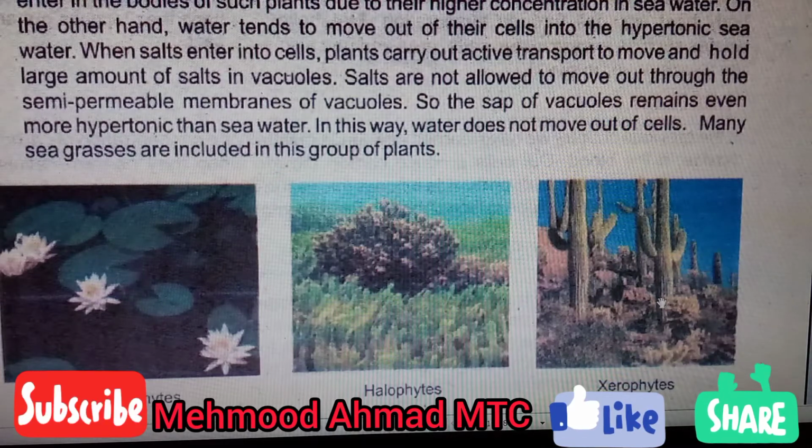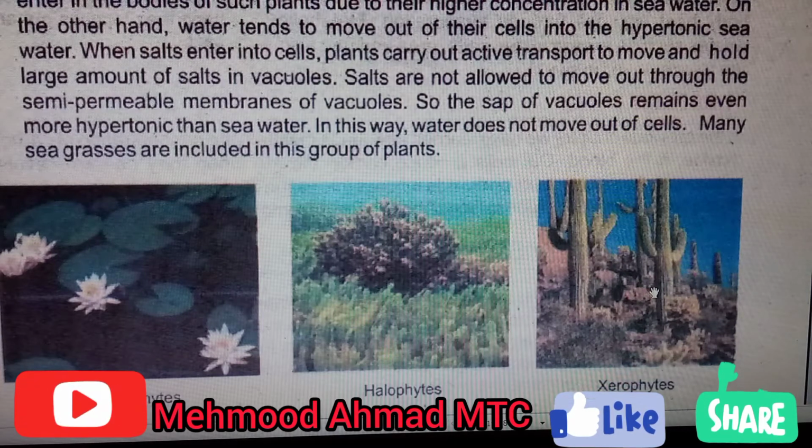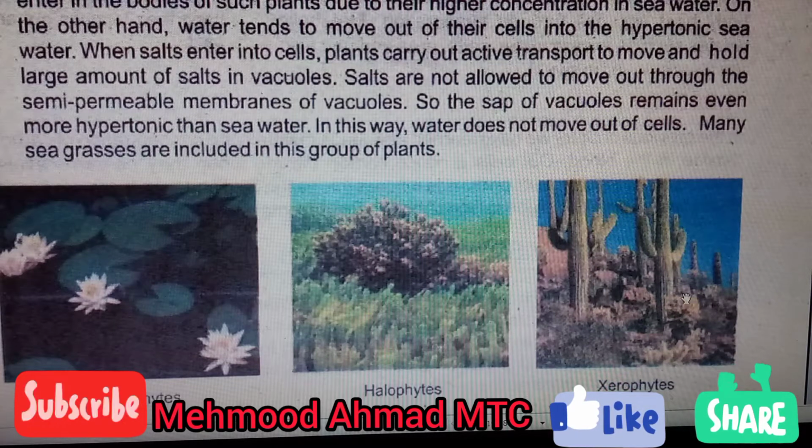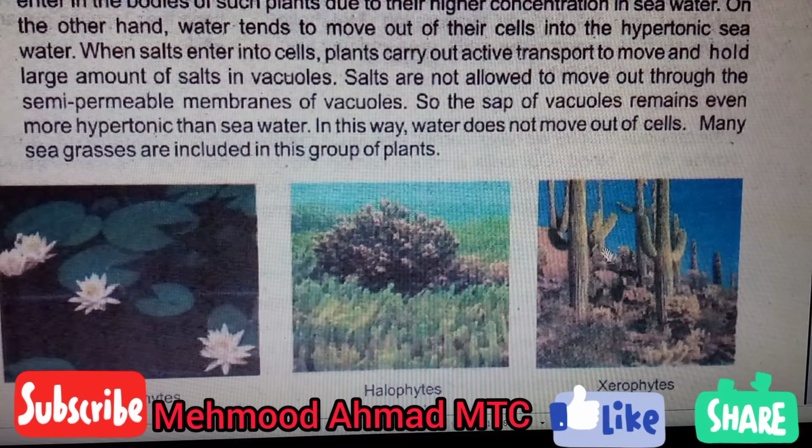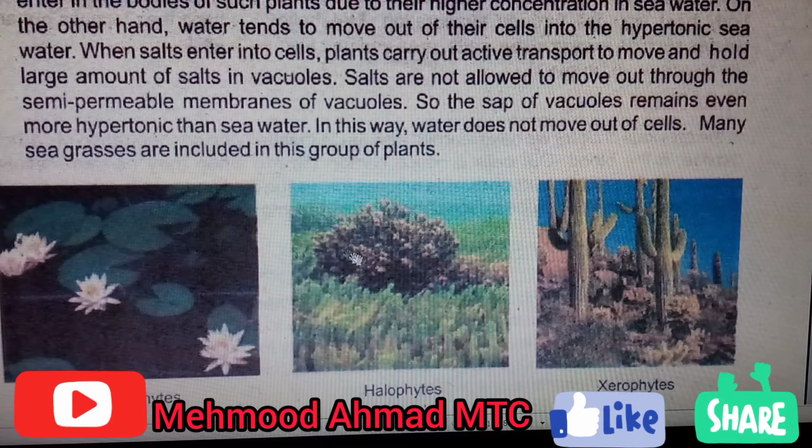The next picture is of xerophytes. These are the cactus. These are the plants which grow in deserts or the places where there is a little amount of water. So these plants only occur in the deserts where the water supply is minimum, and they don't have such leaves like the halophytes or hydrophytes.